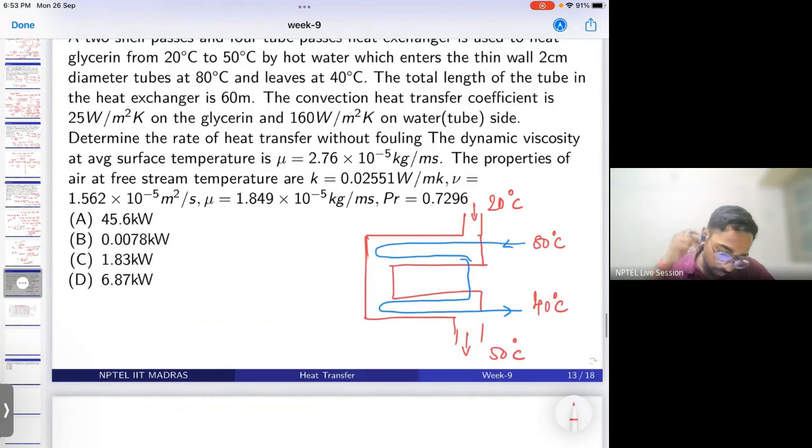So this is the schematic of the heat exchanger. It is given the convection heat transfer coefficient on the glycerin side, and 160 on the water side is also given. So we need to find out the rate of heat transfer Q without fouling.